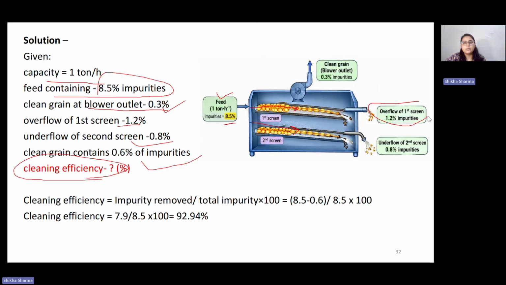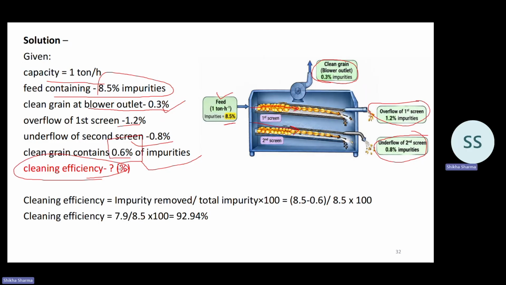In the first screen, 1.2% impurities is coming out, in the second screen 0.8, and in the clean grain blower it is 0.3%, and in the final grain around 0.6% impurities are there. So we need to calculate the cleaning efficiency in this process. We can have two approaches to do so.